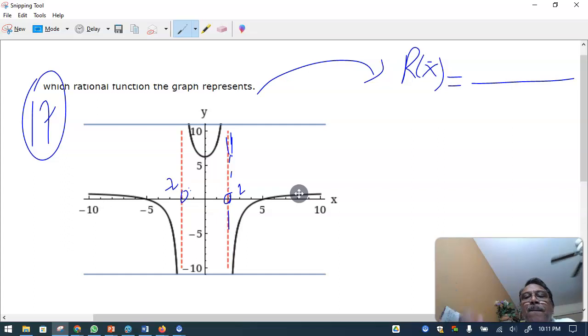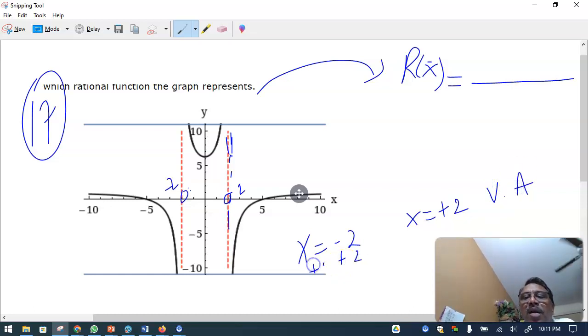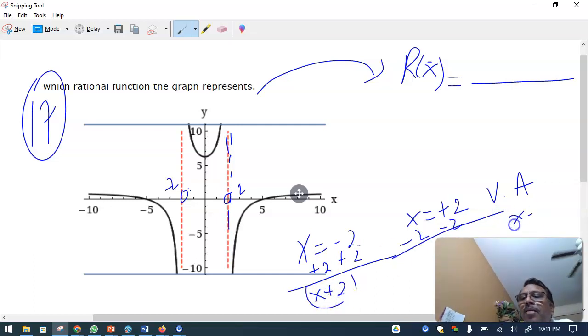That means x equals minus 2 and x equals plus 2 are the vertical asymptotes. Adding 2 on both sides, you get a factor x plus 2, and subtracting 2, you get x minus 2 equals 0. So these are the two factors we can put down here, x plus 2 and x minus 2.